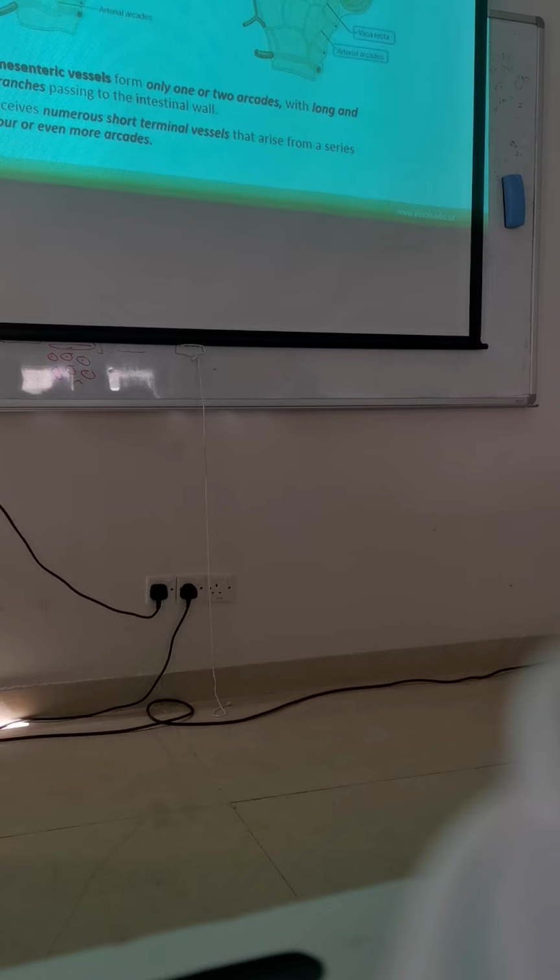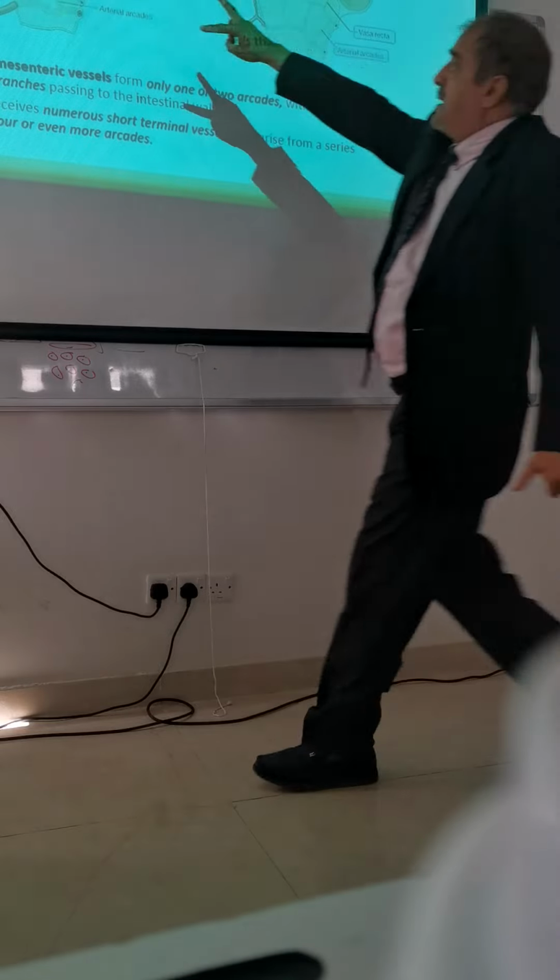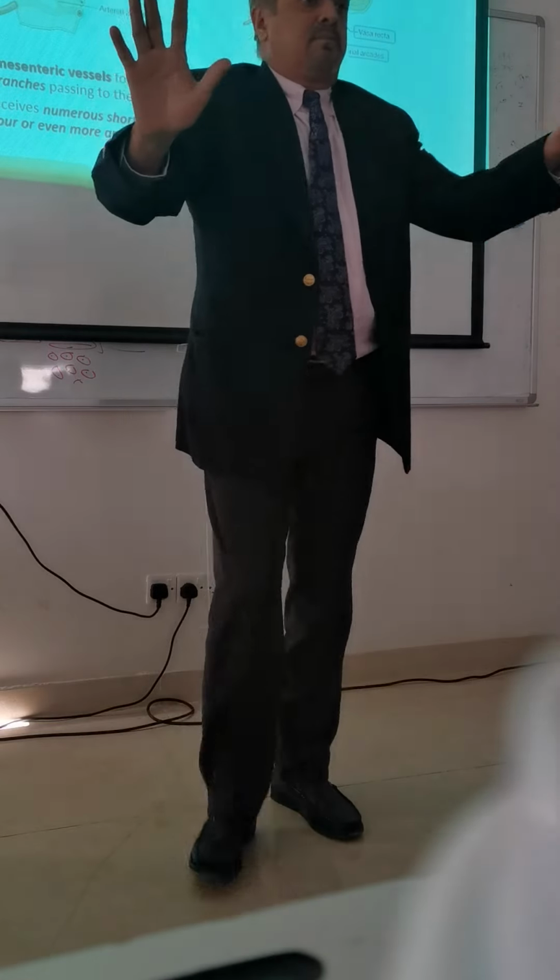Vasa means vessel, recta means straight. A straight vessel is called vasa recta. So vasa recta in the jejunum is longer. That's it. Forget about the other.